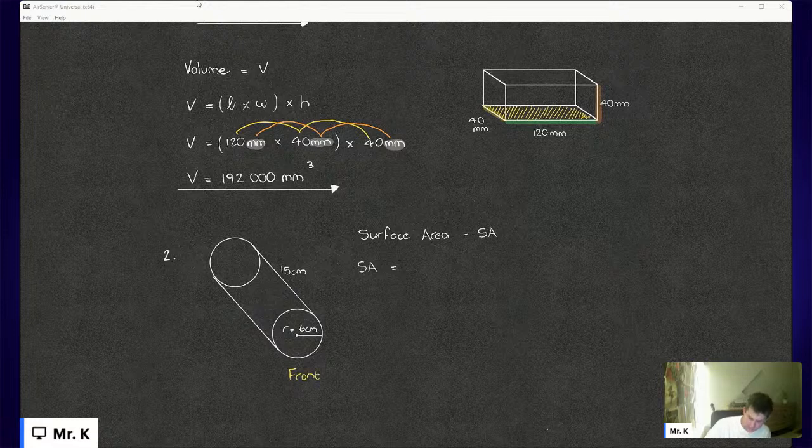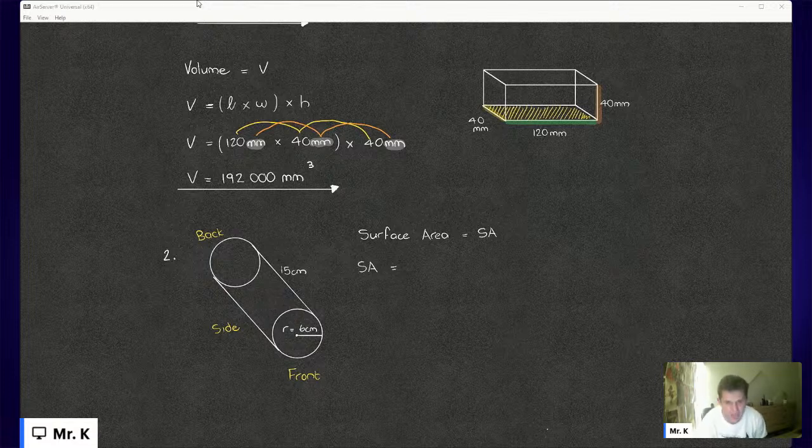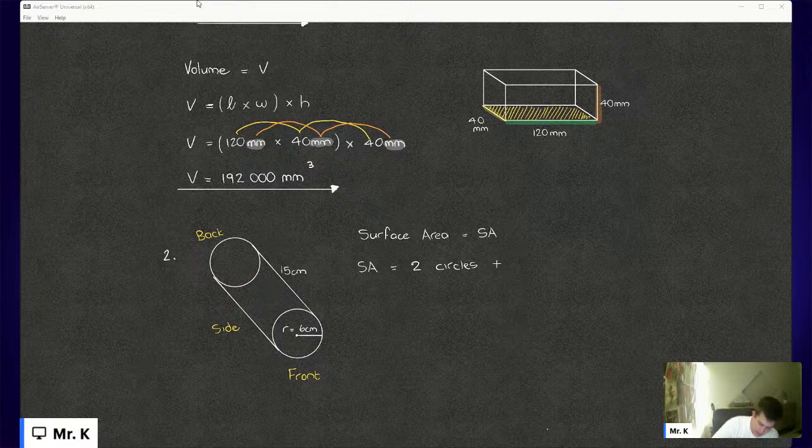We can call this the front, the circle at the back over here, the back, and we can call this the side of the shape, right? Just as an example, you guys can choose to do this however you please. But if I want the total surface area of this shape, I know that I'm going to need the area of 2 circles plus this rounded edge, right?